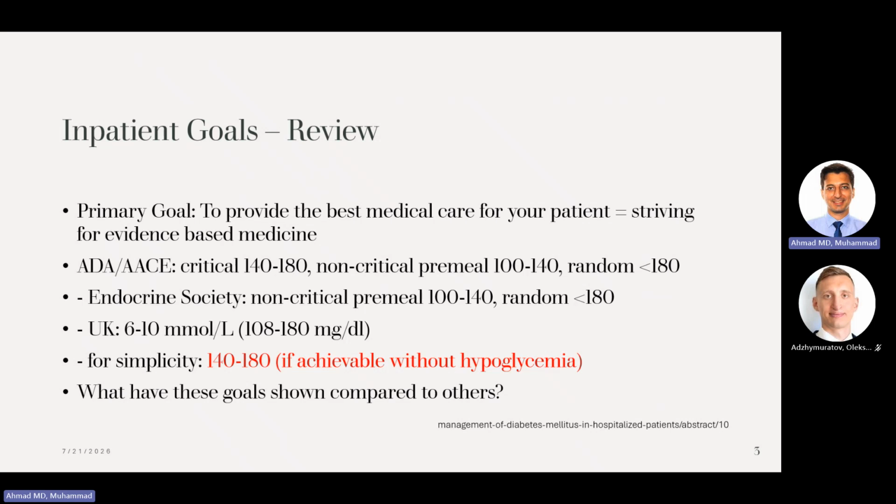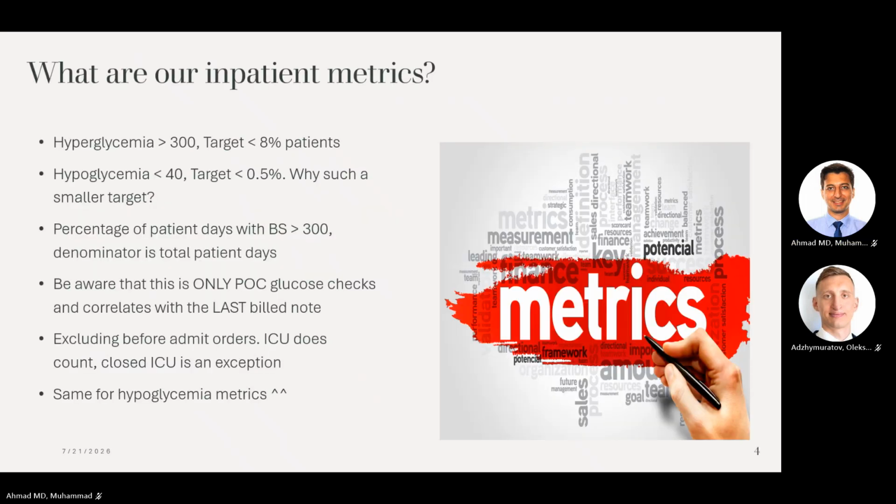And then why is this important? They've done plenty of retrospective data and quality improvement data showing increased length of stay for patients that have uncontrolled diabetes, worsening exacerbations of their already chronic conditions, and then increased mortality and morbidity. So this is important for us, right? We want to minimize all these things.